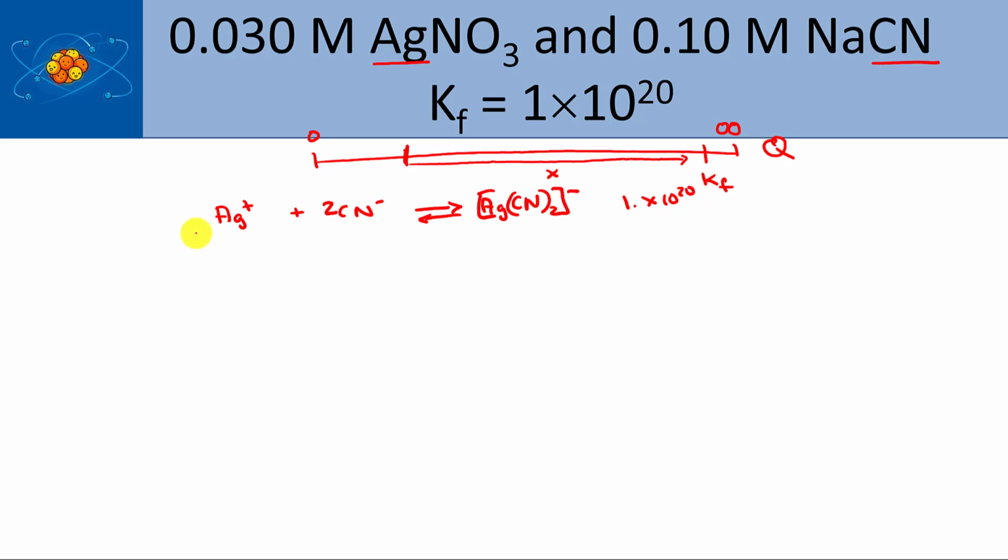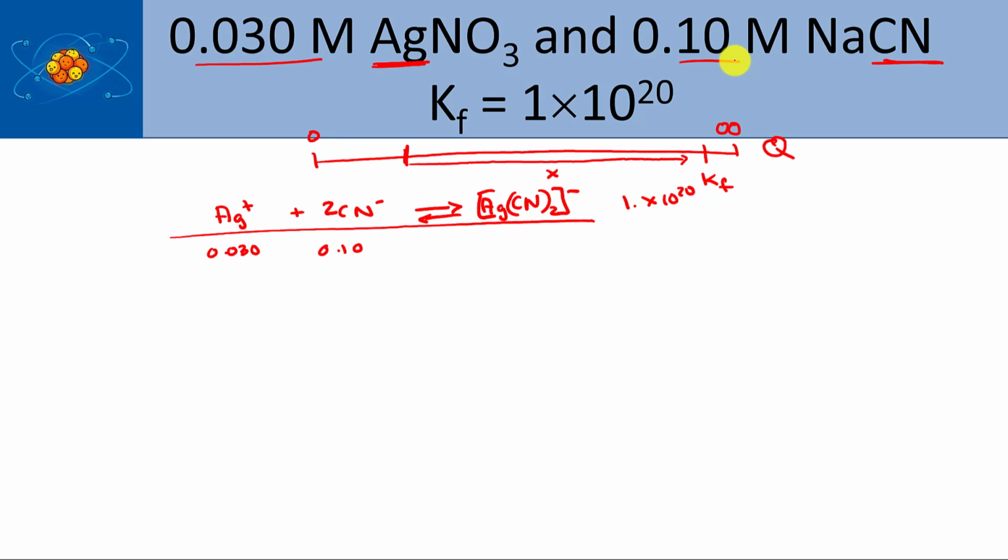Now what I'm going to do is this. I'm going to fill in my ICE table. And I have molarity units now, so I'll just stick with molarity units. I have 0.030 and 0.10. Now those are my molarities, and again, you have to interpret 1 silver for every silver nitrate, so the concentration of silver is 0.03, and 1 cyanide for every sodium cyanide, so the concentration of cyanide is 0.1.